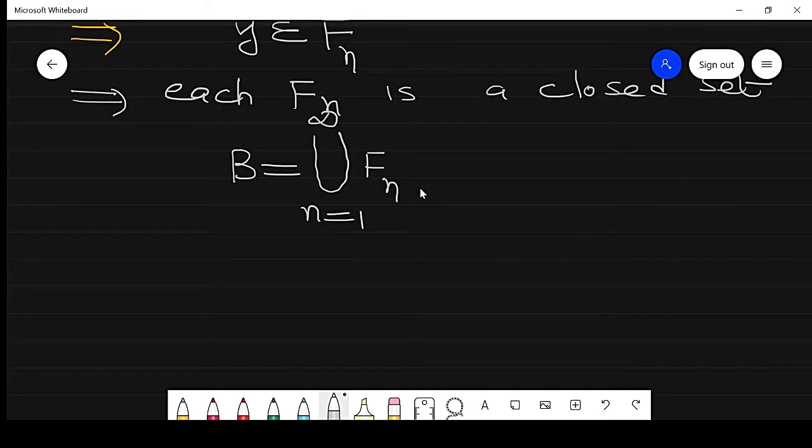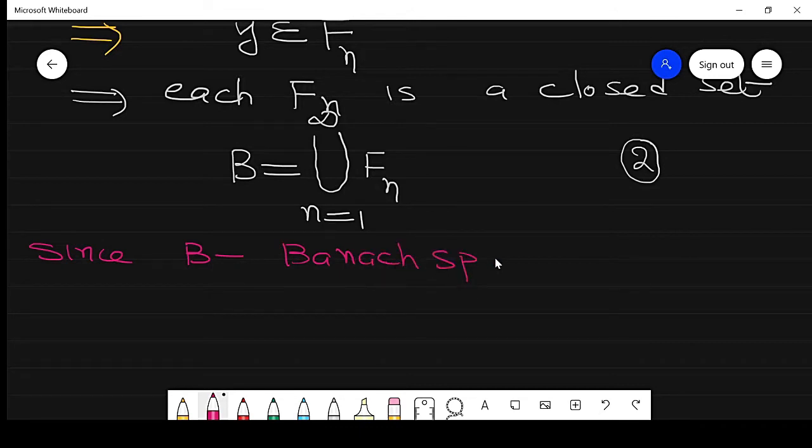So B can be written in this form. Suppose it is equation number 2. Again, B is a Banach space, and we know that every Banach space is complete.